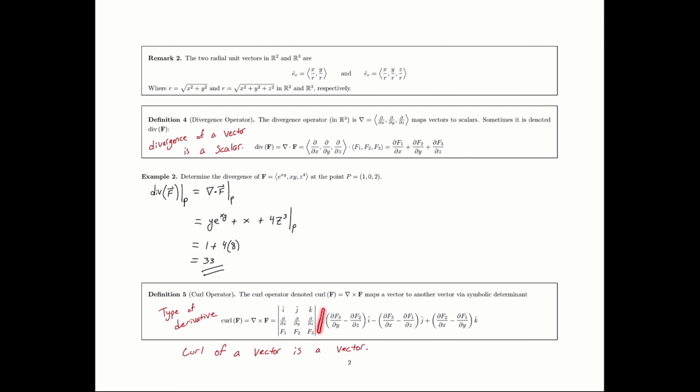I don't urge anybody to memorize the determinant; I urge you to memorize the definition and then use that to compute this. If you are struggling or need a refresher, go back to 12.4, the cross product, and review cross products, because really that's all the curl is. It's a cross product with this as your middle row.